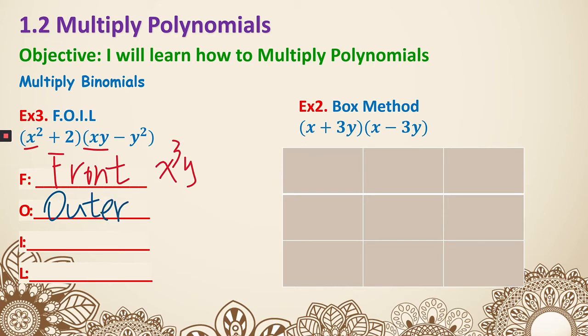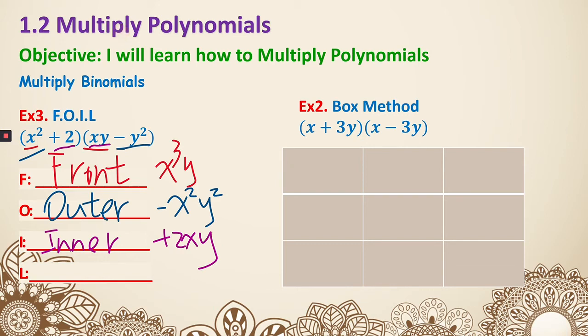That means we look at the outside ones, which is the x squared and the negative y squared. That gives us negative x squared y squared. I stands for inner. So looking at the plus 2 and the xy, because they're kind of on the inside of these 4 terms. That gives us a plus 2xy.